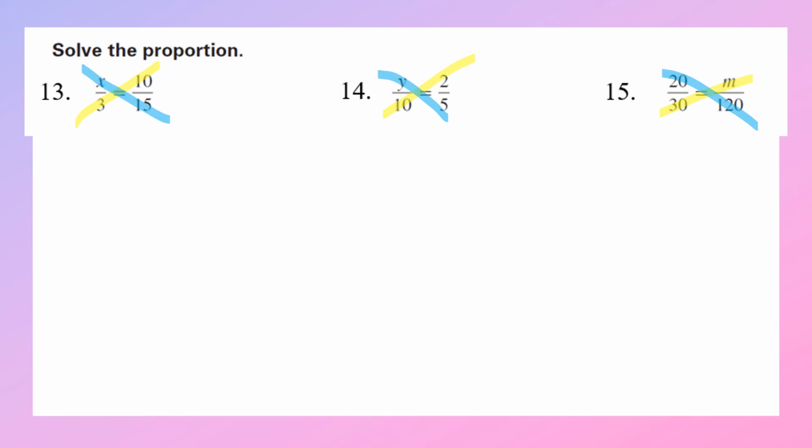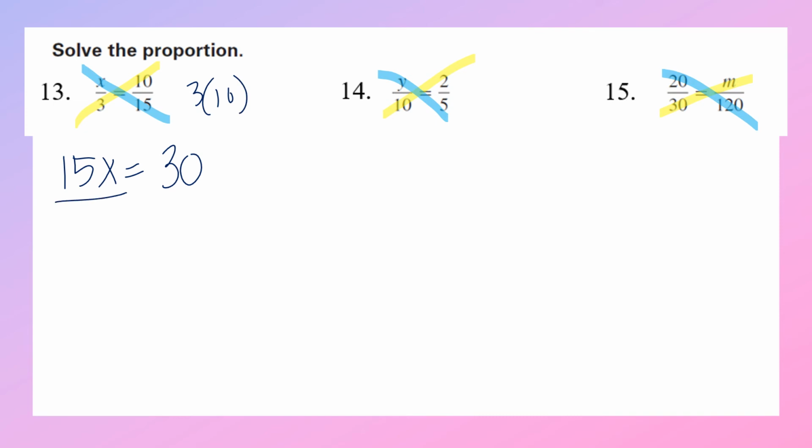So for these ones specifically, we don't have to use parentheses, and it doesn't matter which one we start with. So I have 15 times x, which is 15x, and 3 times 10, which is 30. If you need to write it out as 3 parentheses 10, that's fine, but you should be able to do that in your head.